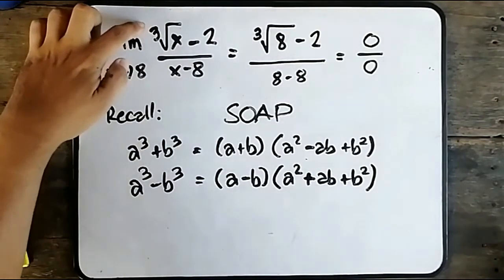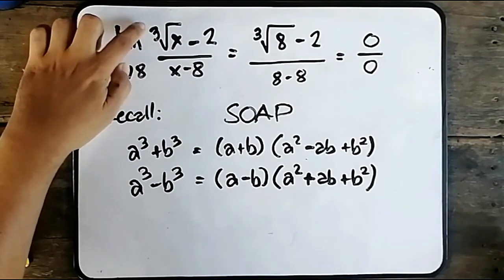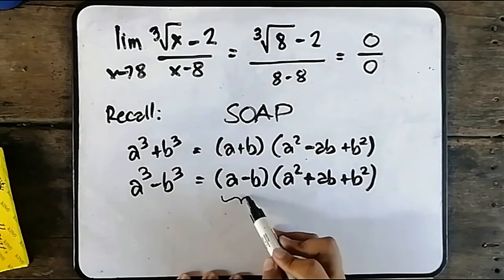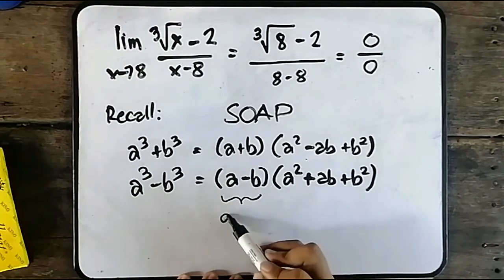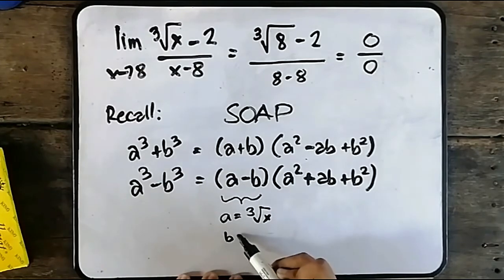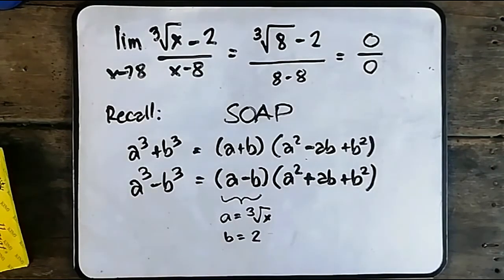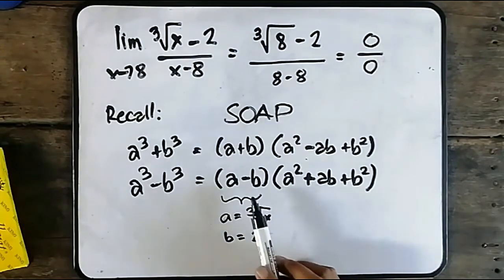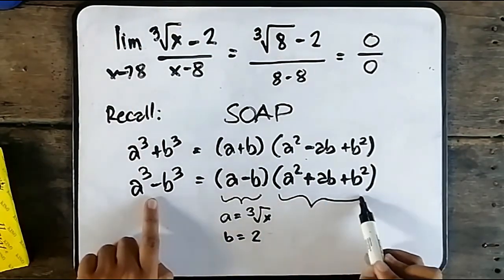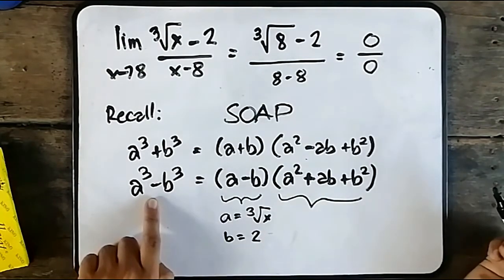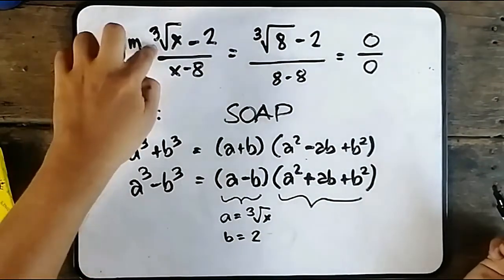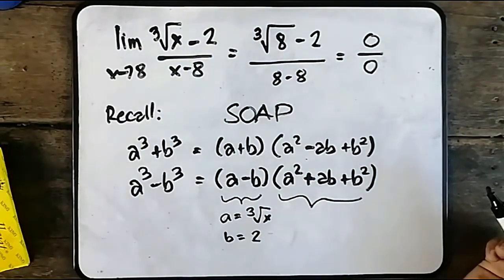Observe that eto, numerator natin, parang kagaya siya nito. Tama? Etong part na to. Where a is equal to cube root of x and b is equal to 2. So para maging ganito yung forma niya, we have to multiply a squared plus ab plus b squared to get rid of our cube root. Kasi pag kinube na natin to, x na lang ang maiiwan.